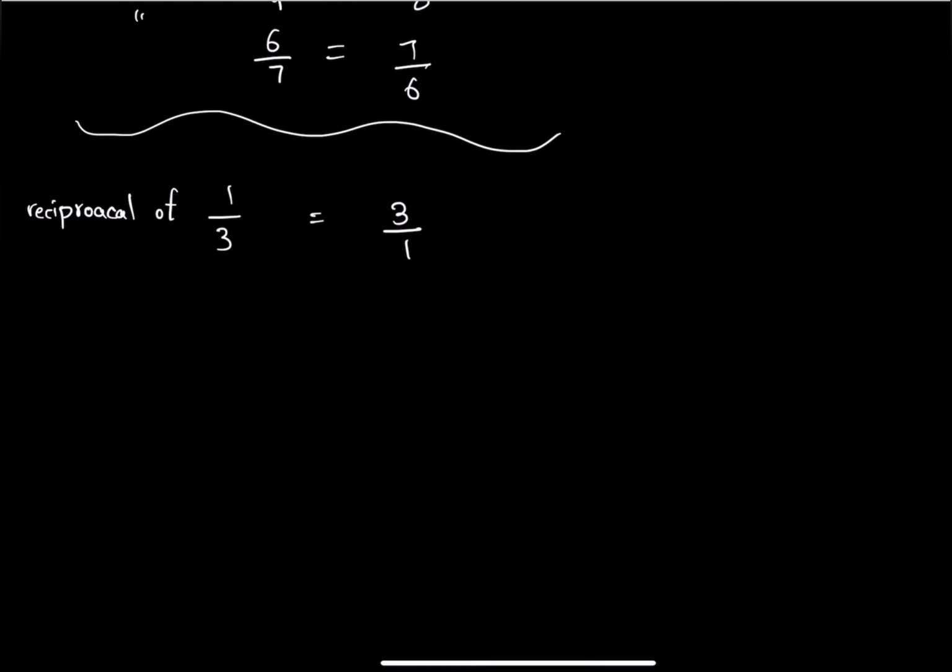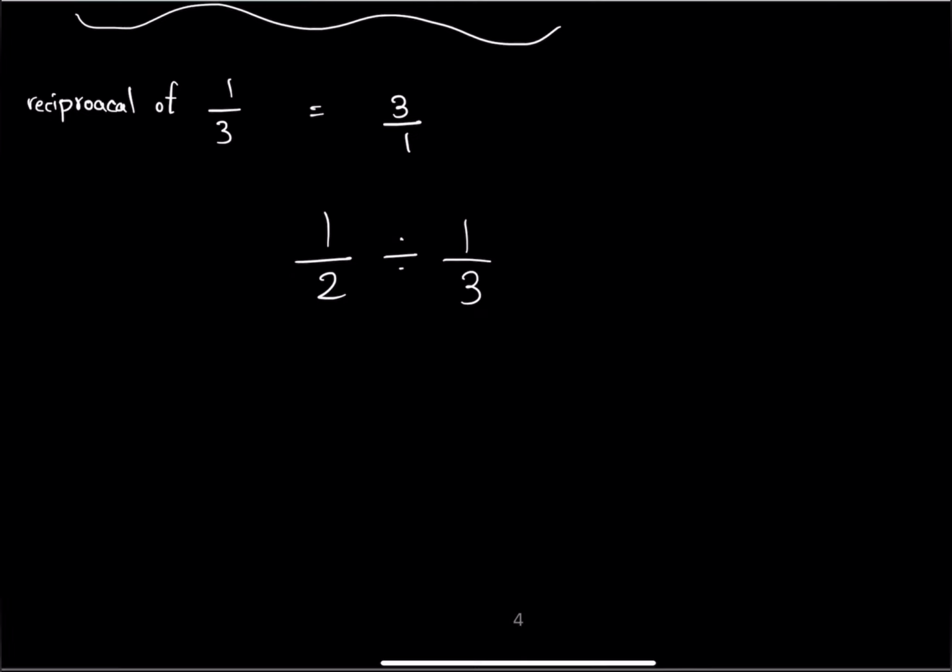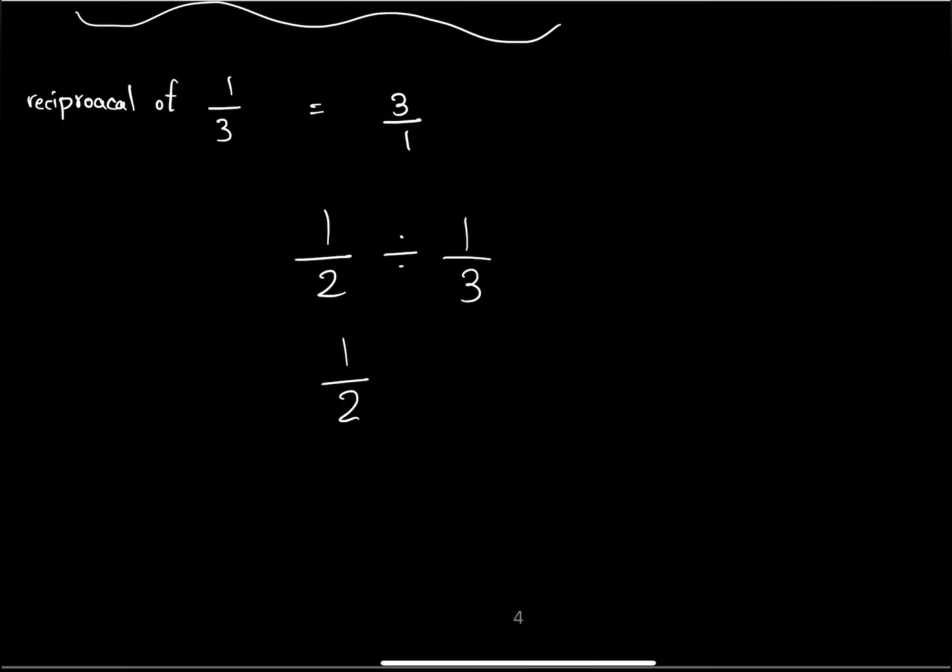So our original question was 1 by 2 divided by 1 by 3. Now that we know the reciprocal of 1 by 3, we can sub that in. 1 by 2, and we're going to change the division sign into a multiplication sign. So 1 by 2 divided by 1 by 3 is the same thing as 1 by 2 times 3.